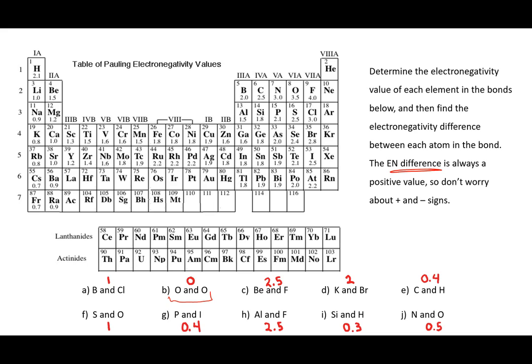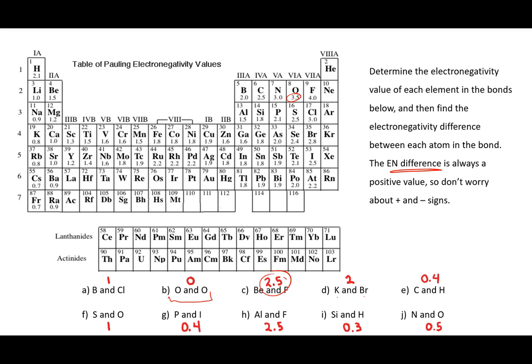So in this case, oxygen has a pretty high value, and that would be like a sumo wrestler against its identical sumo wrestler twin. And the process is the same for the rest of these. So beryllium and fluorine has a difference of 2.5, potassium and bromine has 2, carbon and hydrogen has 0.4, and so on. But what do these values mean?